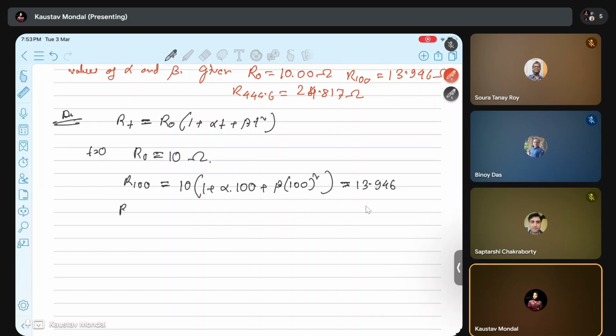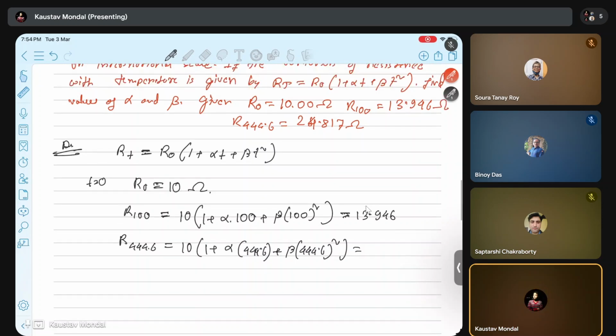Similarly, R at 444.6 is 10 into 1 plus alpha into 444.6 plus beta into 444.6 whole square, equal to 24.817 ohm. Okay.